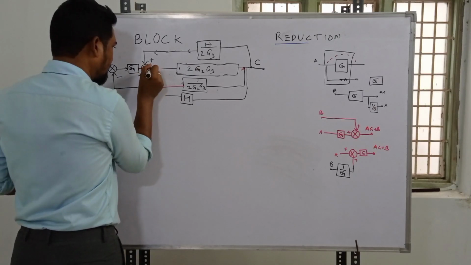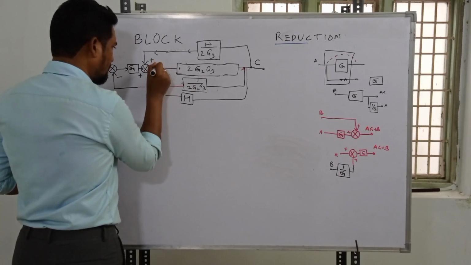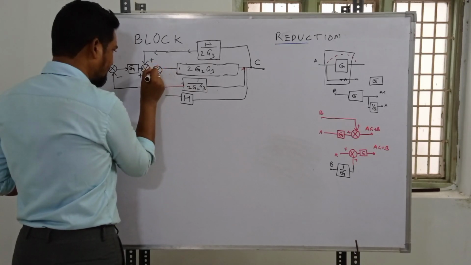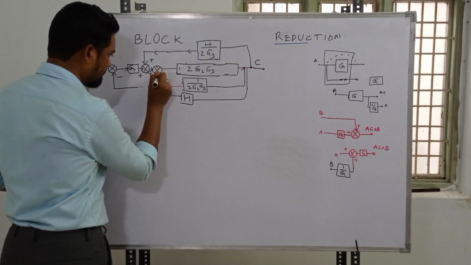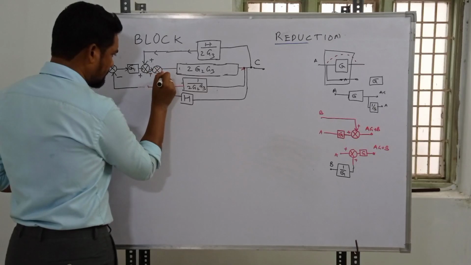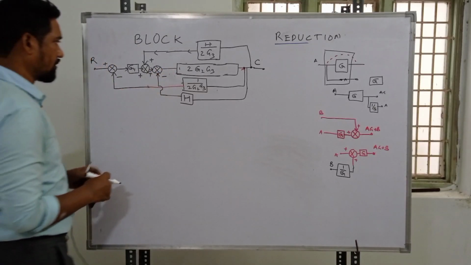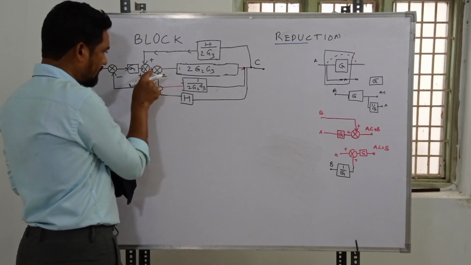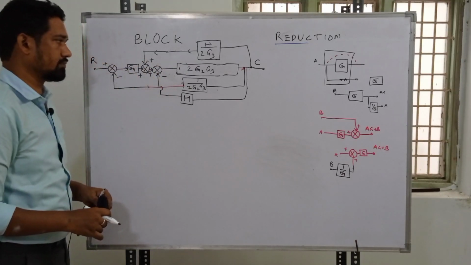Continuing, we have another summing point. This signal gets added, which is from this side, and this signal with an overlap with this one gets subtracted. That's how we split the summing point. Here we have this added, this subtracted, and this added and added.